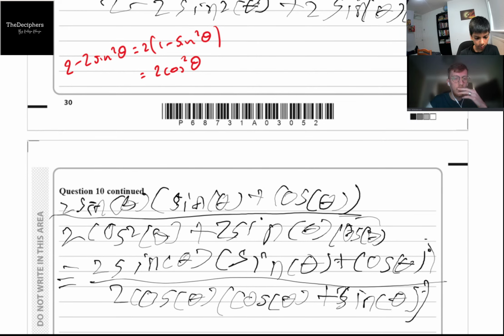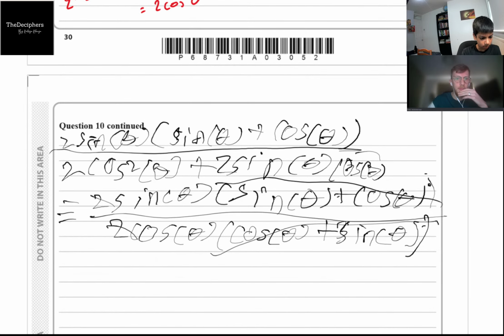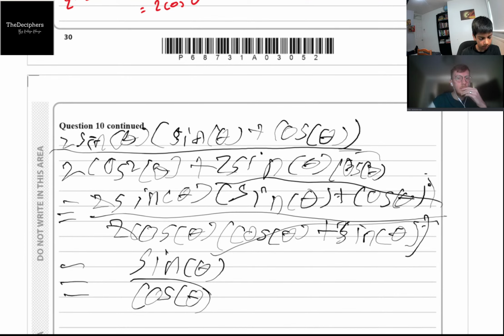And then these 2 cancel out, and the 2's cancel out. Excellent. And that's equal to sine theta over cos theta, which is the same as tan theta.